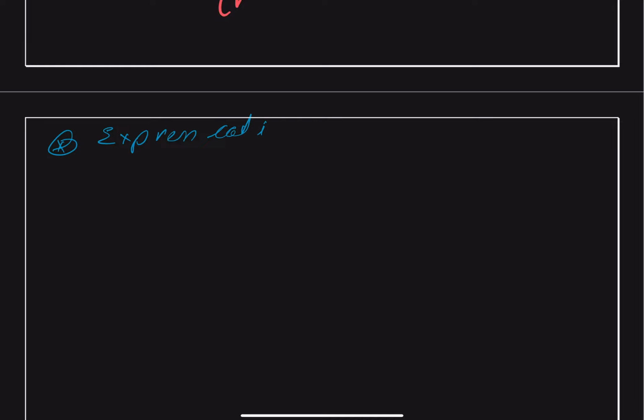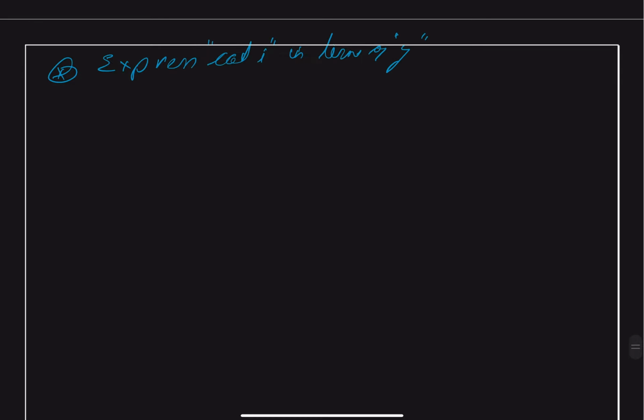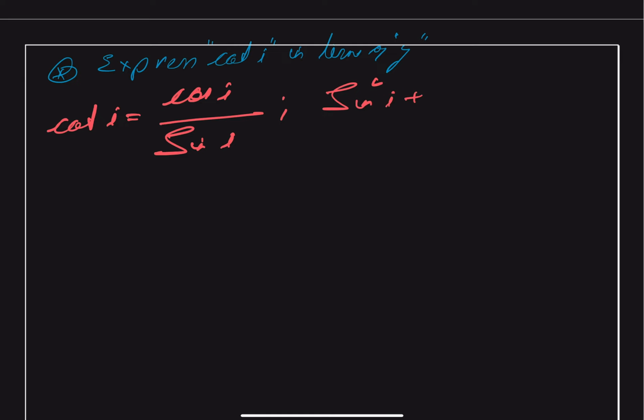So we know that our cot I is cos of I upon sine of I, and we also know sine square I plus cos square I is equal to 1.